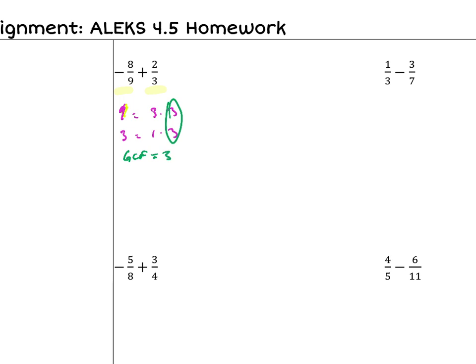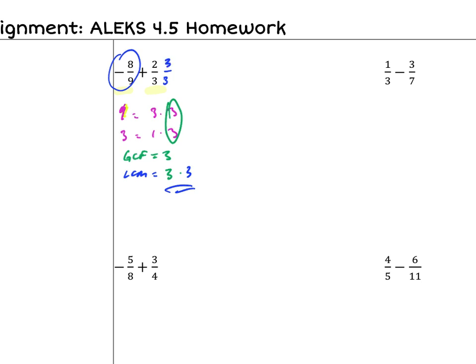The least common multiple is going to be the 3 times whatever's left over, which is 3. So it's 9, and this is already done, right? We're just going to change this to ninths. That means we multiply the top and bottom times 3.